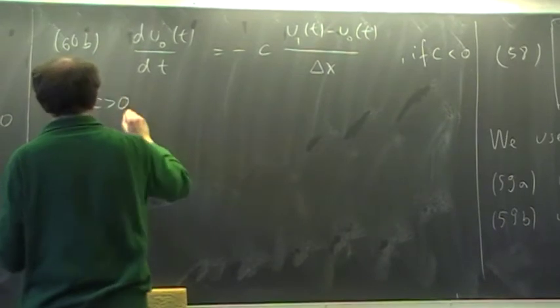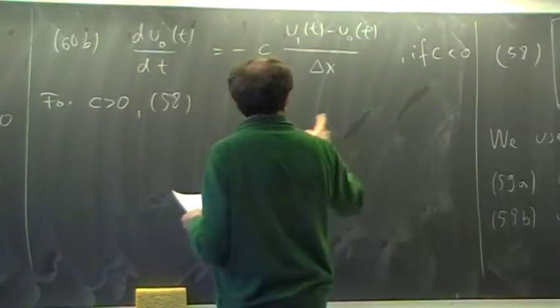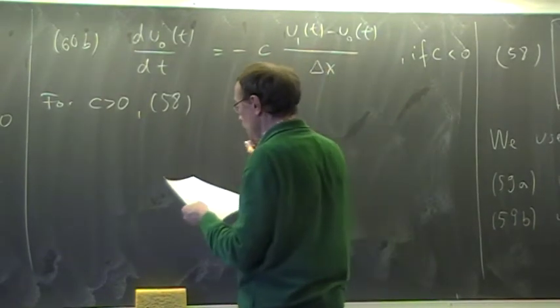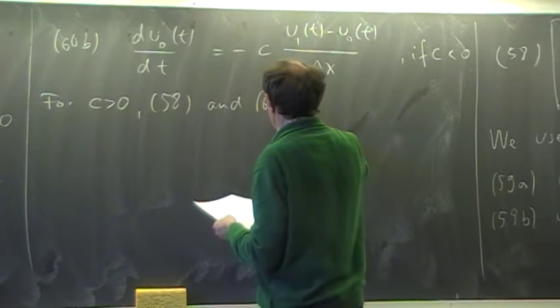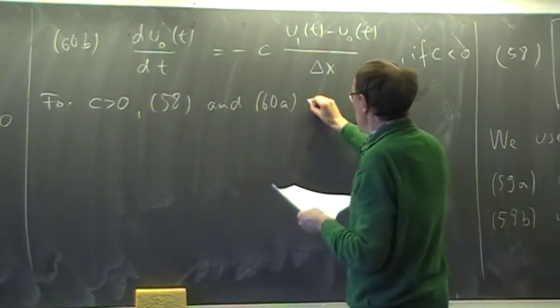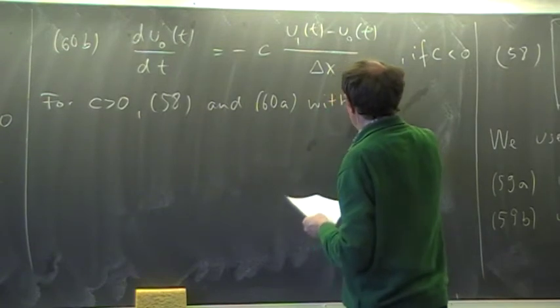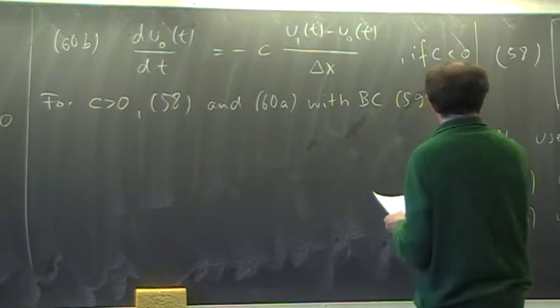So let us now just focus on the case c positive. So then what we have here, this, and for the outflow boundary in j, it would be this case with the boundary condition 59A.